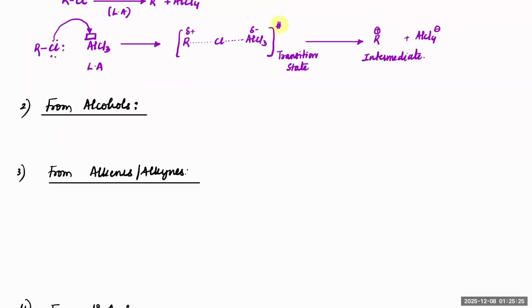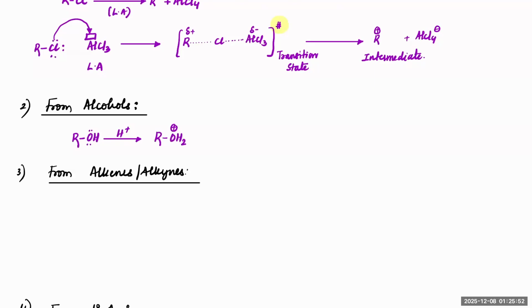Next, we can generate carbocations even from alcohols. Same logic. If you have OH, an alcohol, in the presence of Lewis acid like H plus, it will take that H plus onto it, converts into OH2 plus.